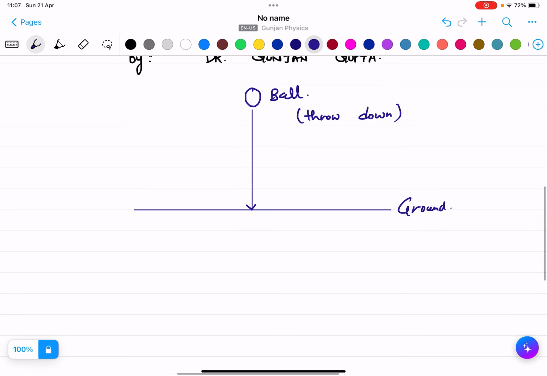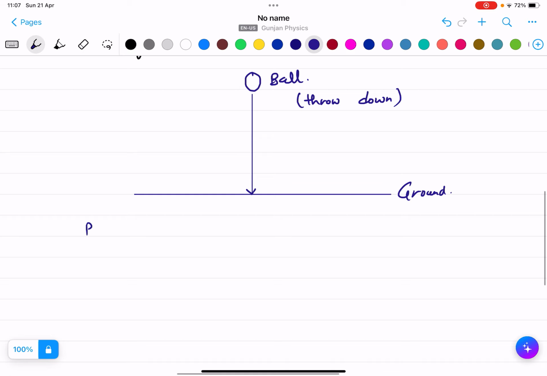That means the ball is applying force on the ground, and the ground is basically giving a reaction on the ball, right? So what I'm doing is the ball on the ground, right? Now what is happening?